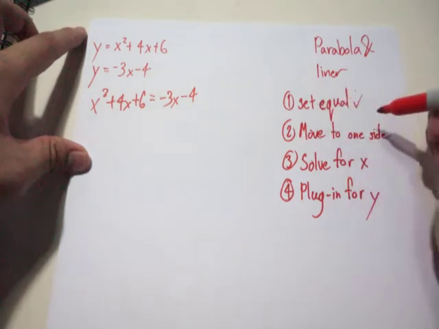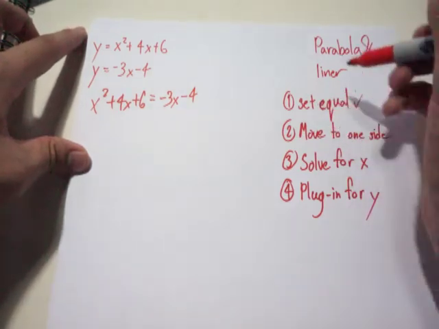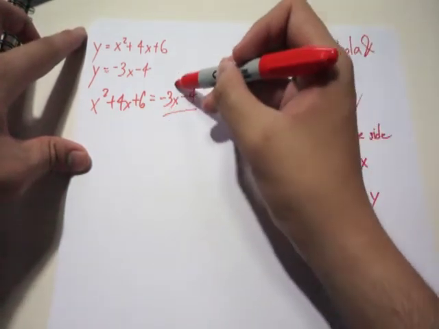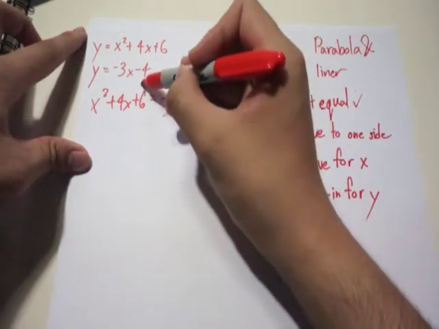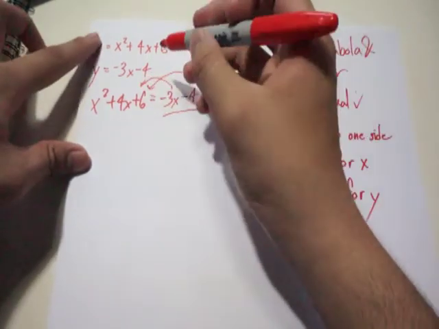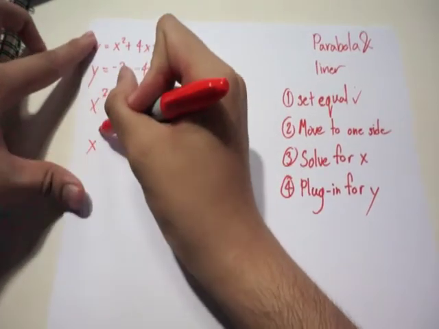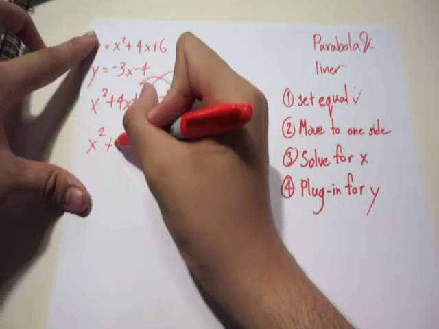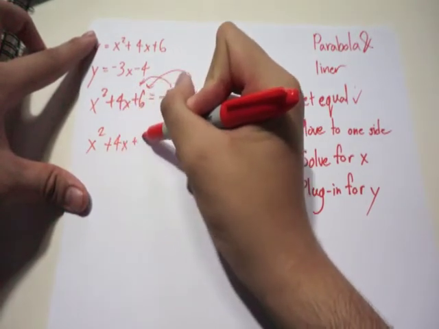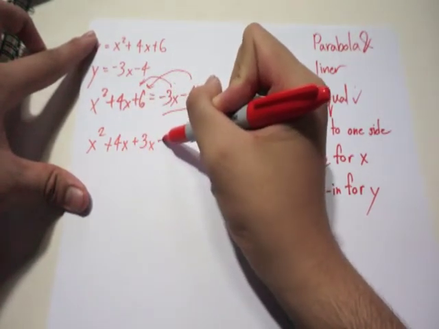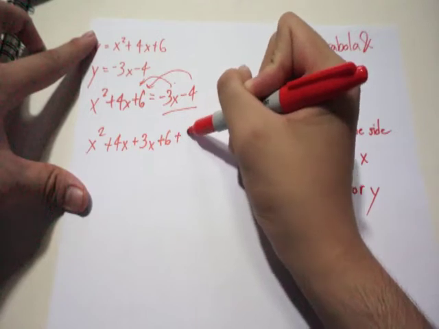And then second, move things to one side. We're gonna move things from this side to the other. So things will be like this. 4x plus 3x plus 6 plus 4.